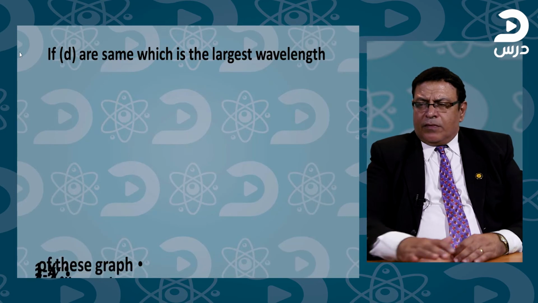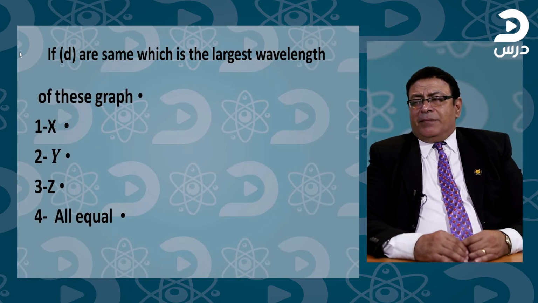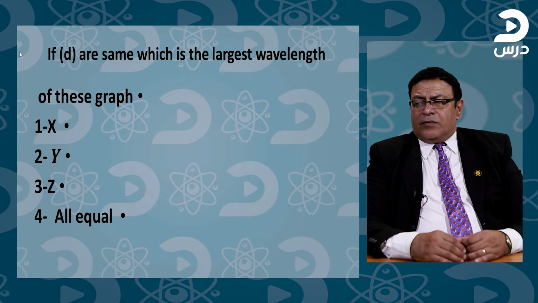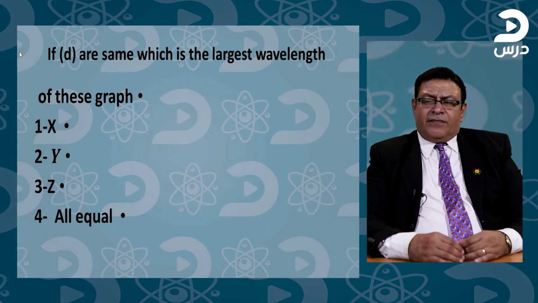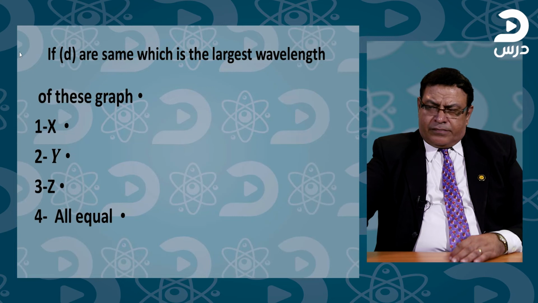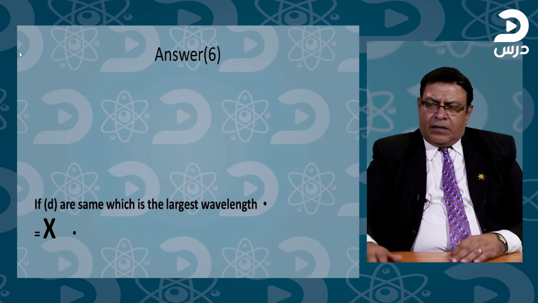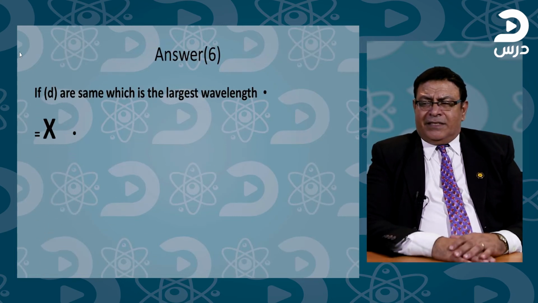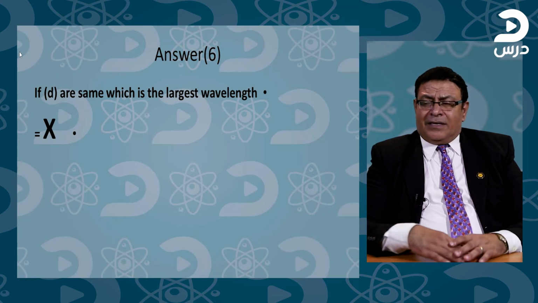Choose: if d is the same, which is the largest wavelength of this graph, x, y or z? Answer: if d is the same, the largest wavelength is x, greater than y, greater than z.